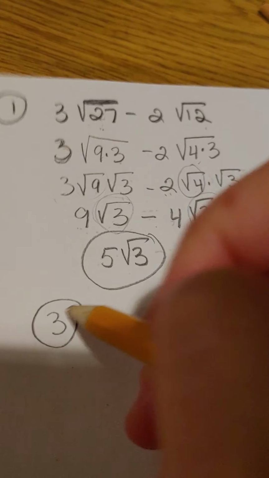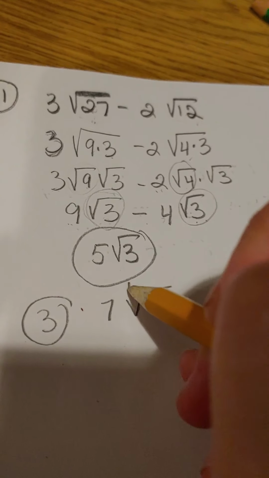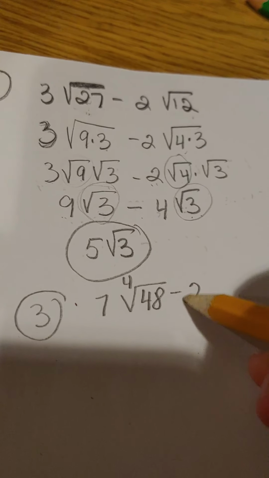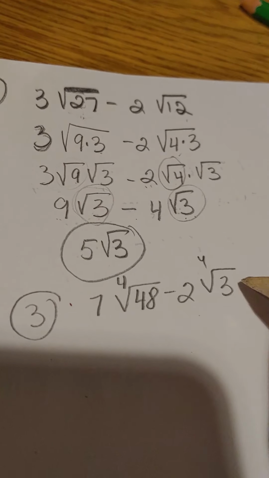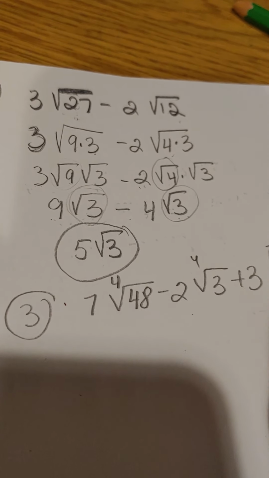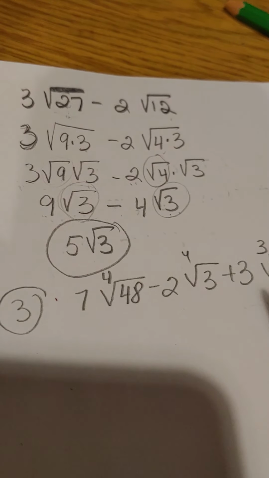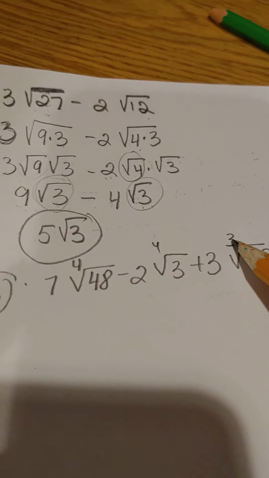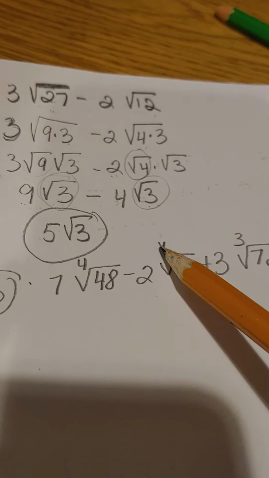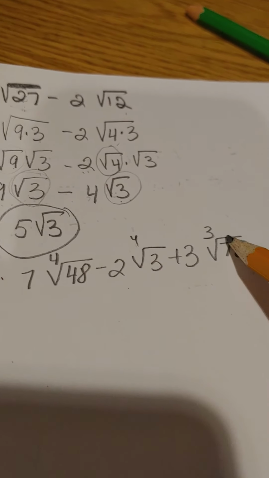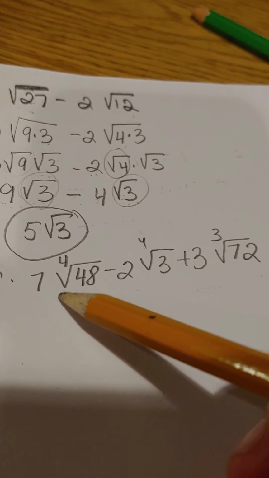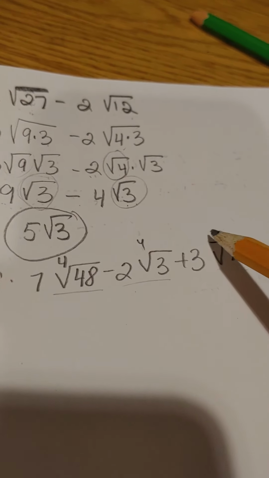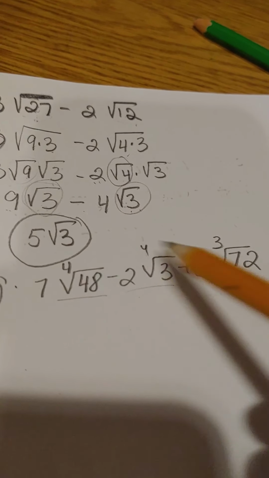Okay, number 3. We are dealing with fourth and third degree roots, cube root and fourth degree root. We have to understand that these are the same and this is different, because this is a cube root and this is fourth degree.